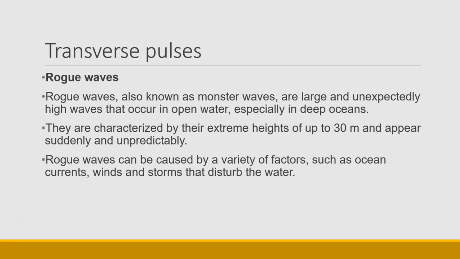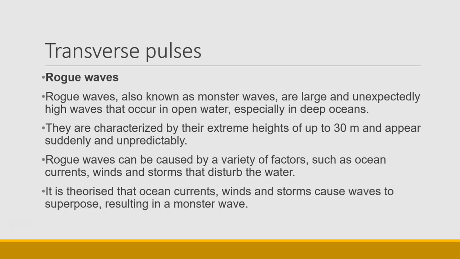Rogue waves can be caused by a variety of factors like ocean currents, winds, and storms that disturb the water. And the theory is that the ocean currents, winds, and storms cause waves to meet each other and superpose, resulting in a monster wave.